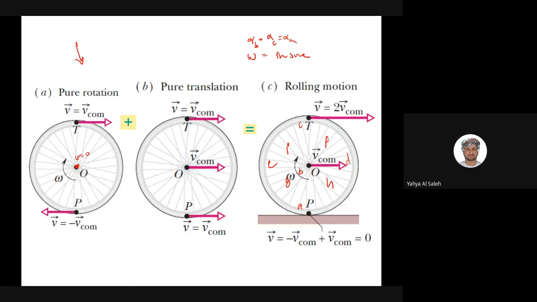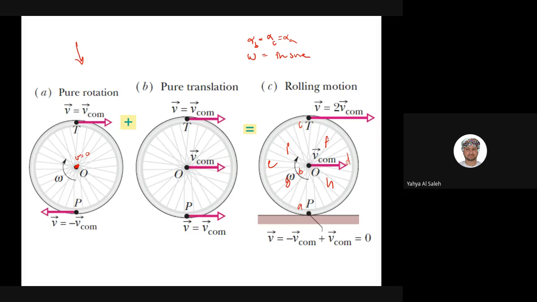But if I ask for their linear velocity component, the translational component, the velocity of center of mass for example, or just the velocity at that point, how fast is this thing going in this direction?